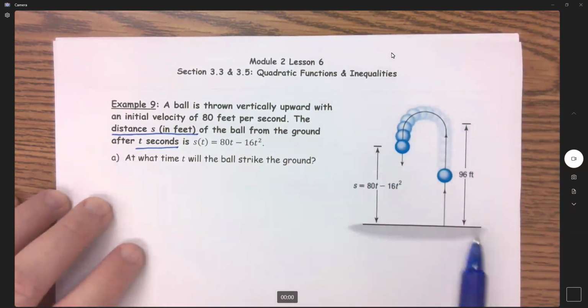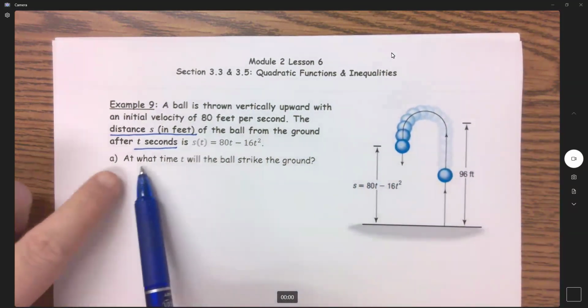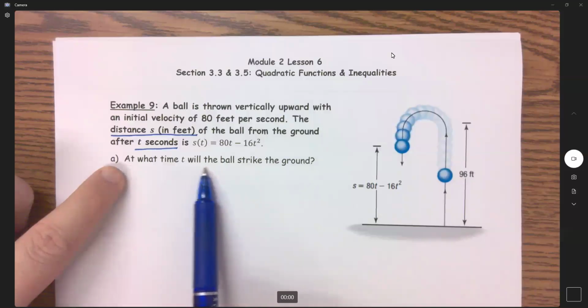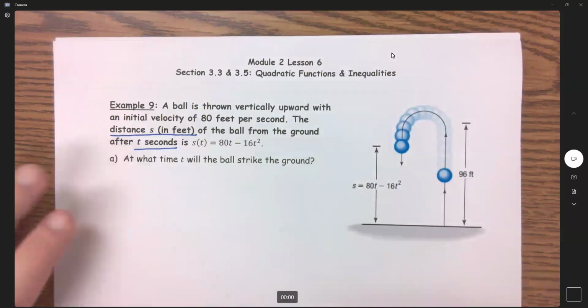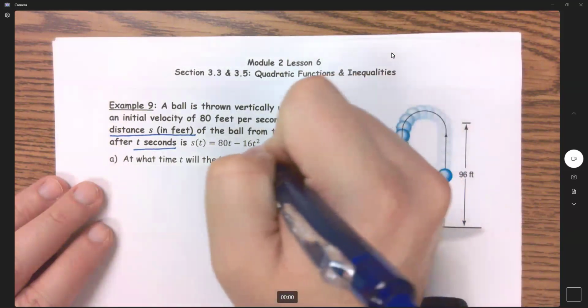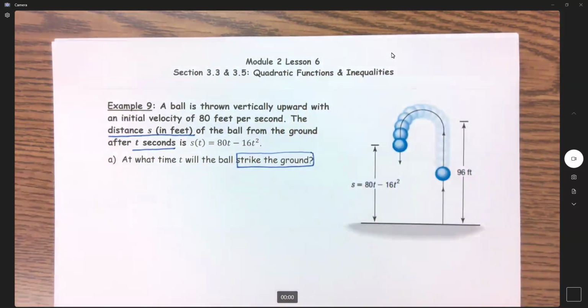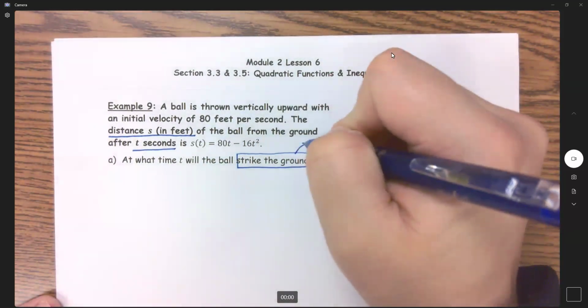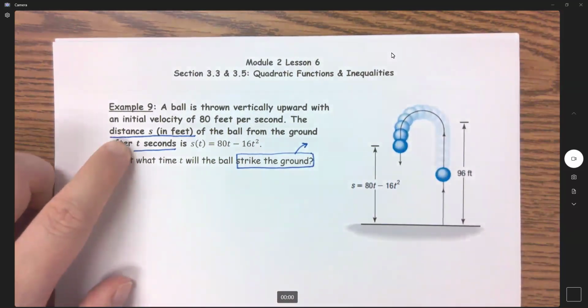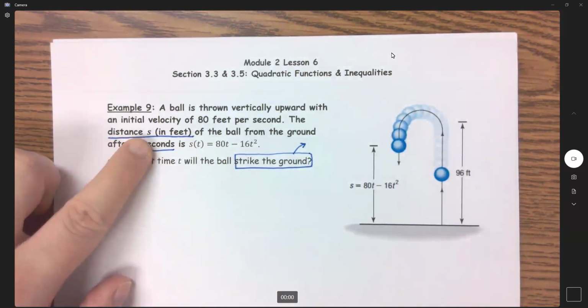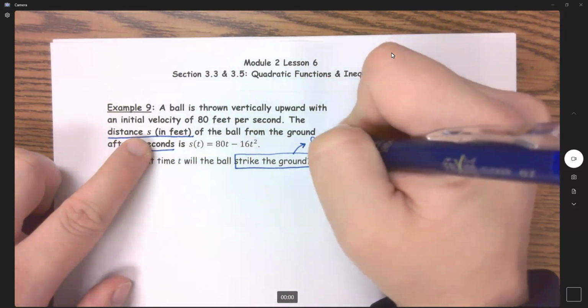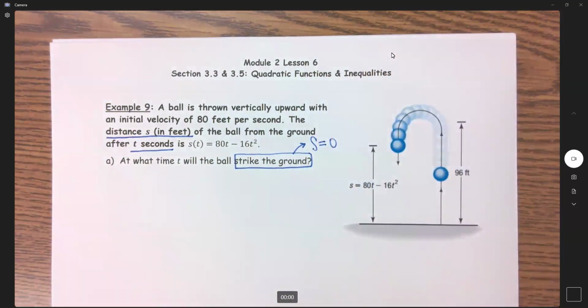So at what time t will the ball strike the ground? We've talked about striking the ground before. When it strikes the ground, that means my distance, or my s, equals 0.